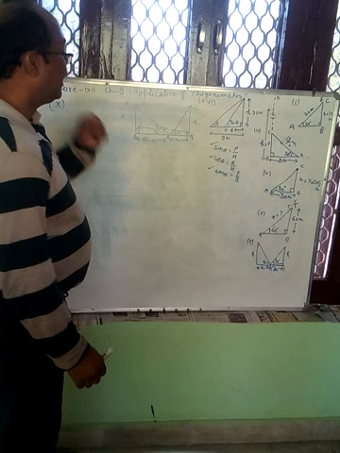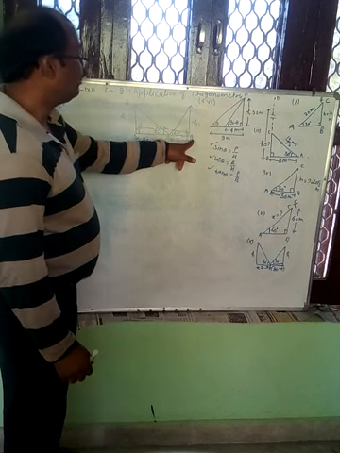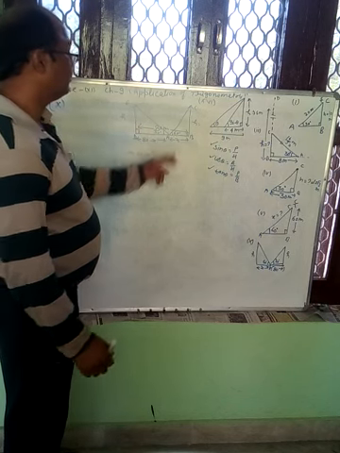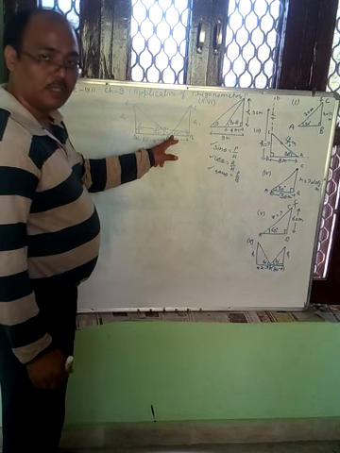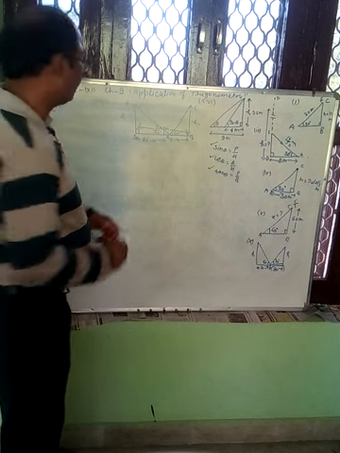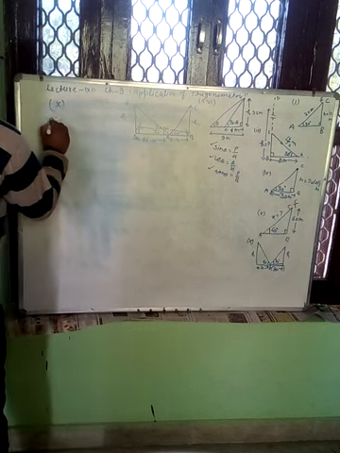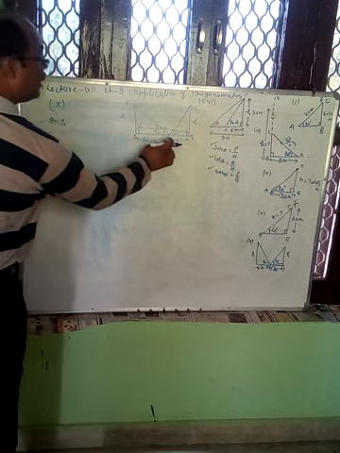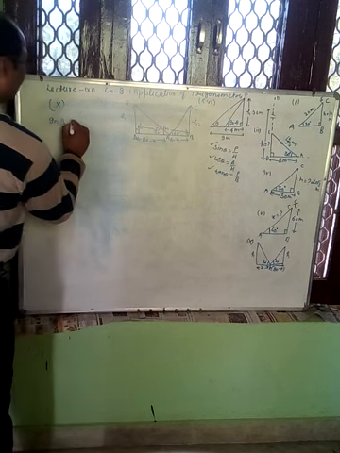Now in triangle ABC, the angle of elevation is 60 degrees.